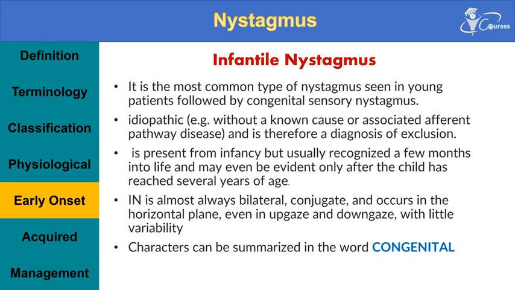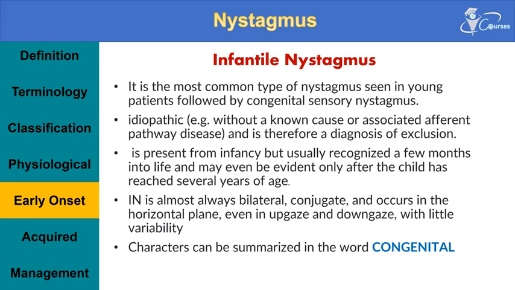The most common is called the infantile idiopathic nystagmus. And as the word implies, it appears in the first months of life, and it is idiopathic, so there is no known reason. This kind of nystagmus is the most common type of nystagmus present in young children, followed by the congenital sensory nystagmus.